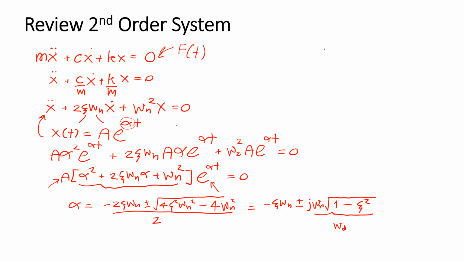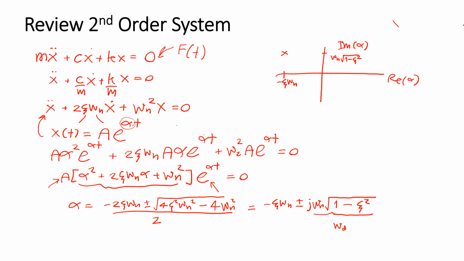And if you still remember, on the complex plane, we have the imaginary part of the root and the real part of the root. The real part is here, minus zeta omega n, and the imaginary part is here, omega n times the square root of 1 minus zeta square.